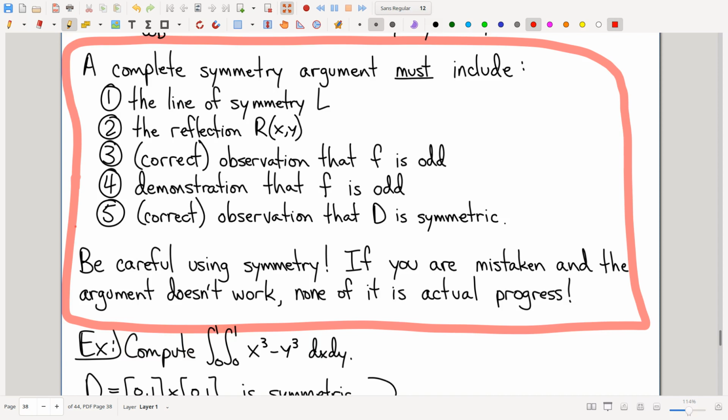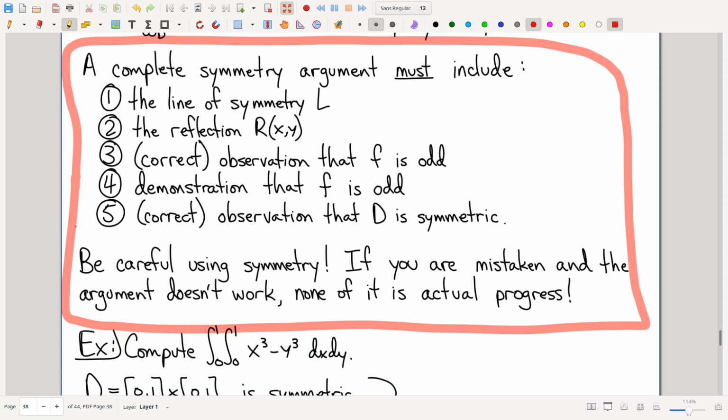If you've checked like 4 out of the 5 conditions and just didn't quite get there, none of that is actually relevant to a solution. Again, this is assuming that there is no symmetry argument. And so it makes it basically impossible for me to give partial credit on something like that.